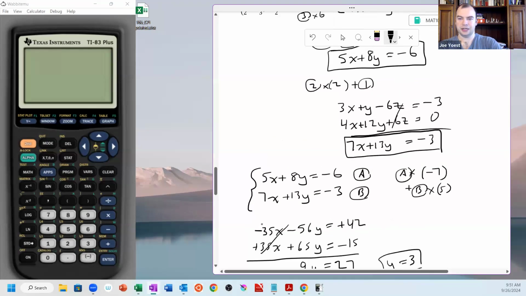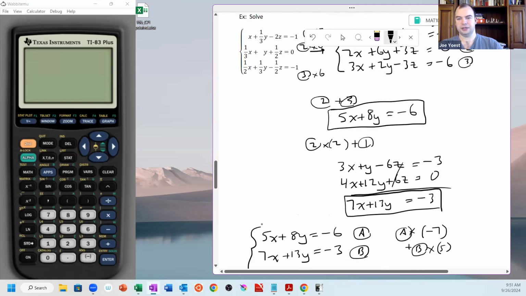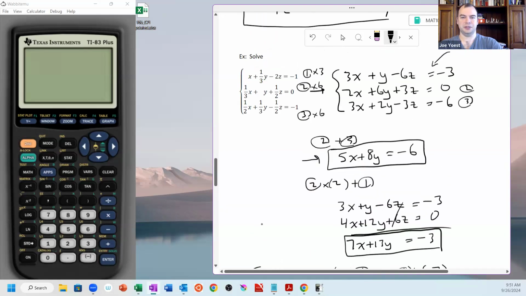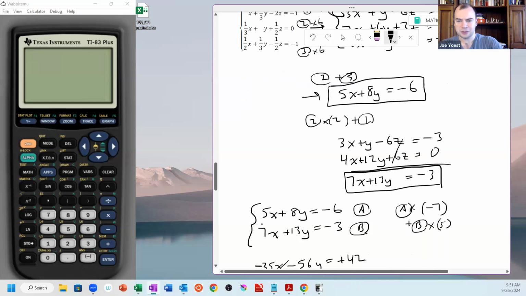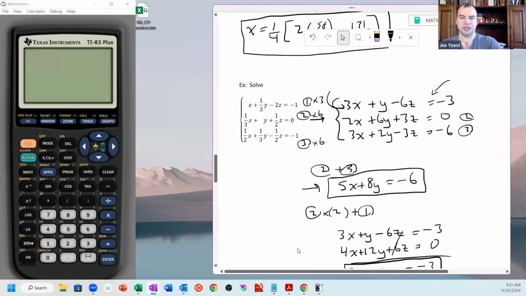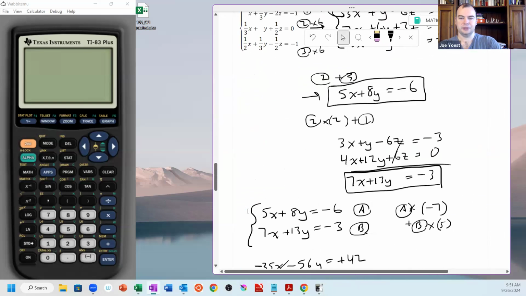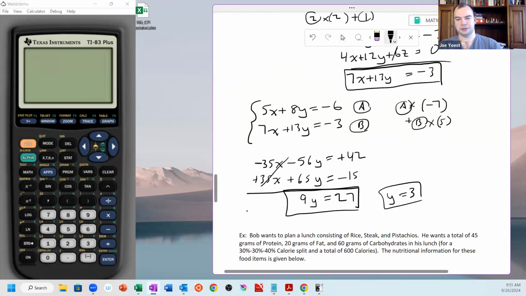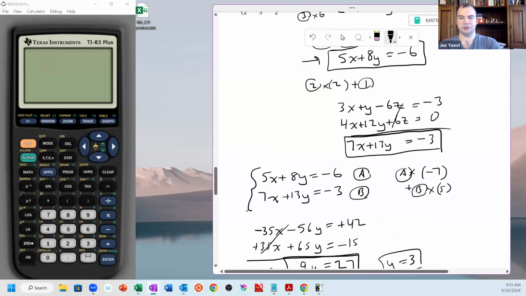And as kind of an aside, I have 9y equals 27 as one equation. I could think of this being a second equation and this being a third equation. At this point, once I get down to 9y equals 27, I'm effectively in this kind of a situation now. I have one equation and one variable.